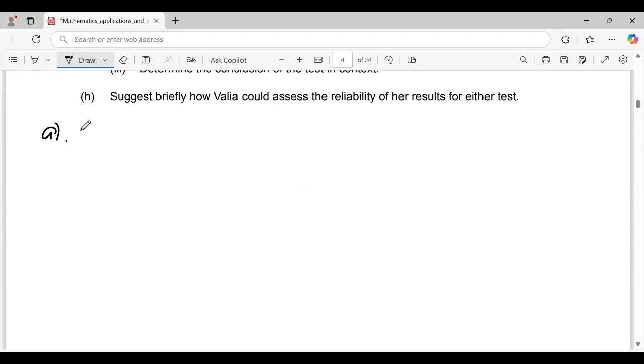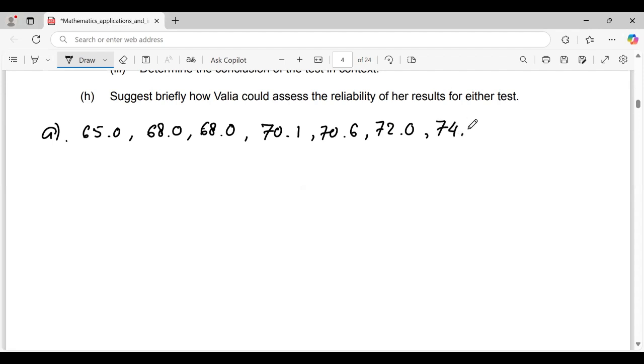The smallest is 65.0, 68.0, 68.0. You can compare with the data on the table. 70.1, 70.6, 72.0, 74.9, 92.9.